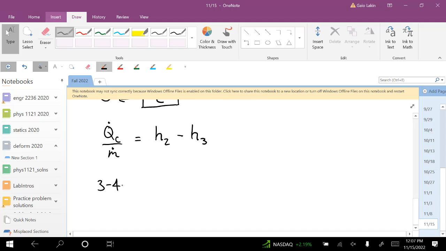And then from 3 to 4, we have the pump. This one is also isentropic. Oh, isobaric, you can remember that because like barometric. Isentropic pump.